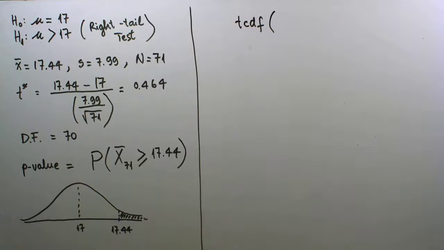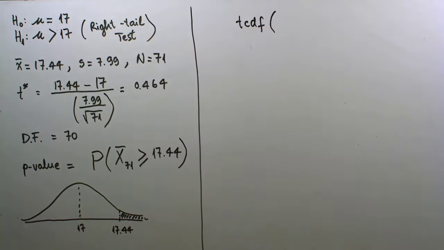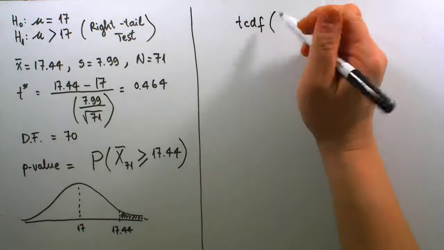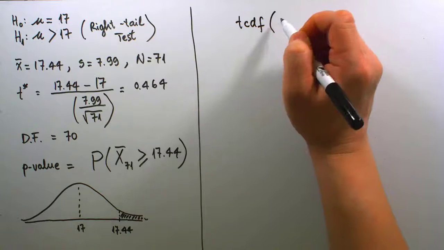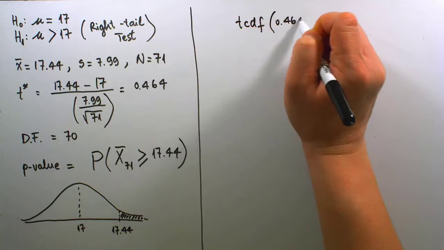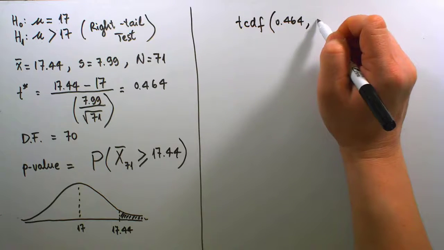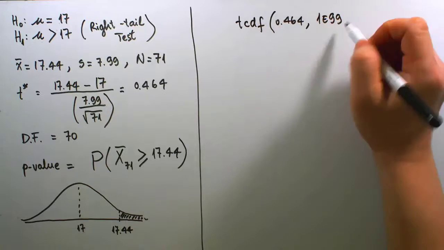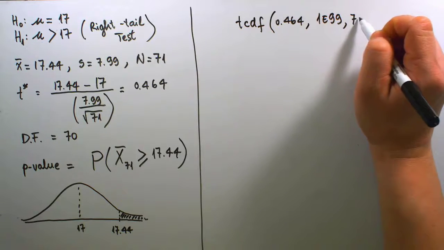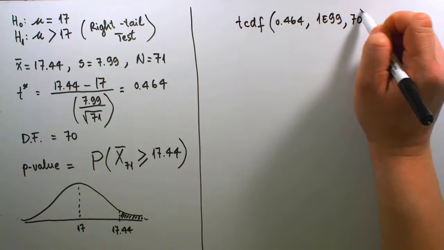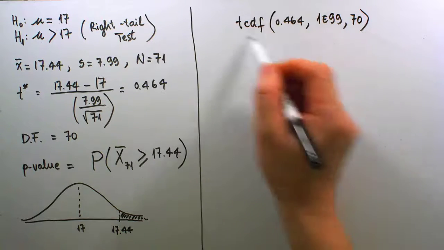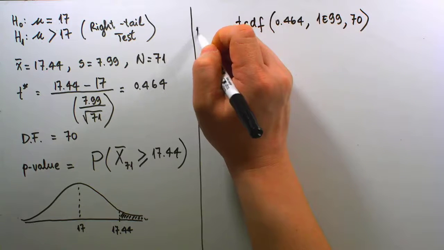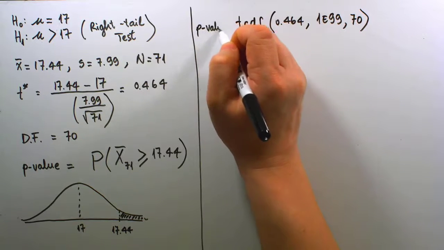And so again, on my writing board, generally speaking, the tcdf command will take the lower value first, the lower end of the t interval. So 0.464 is what we gave it. And for the upper end, we have to leave 1E99 as it was an indefinite upper end. And we were working with degrees of freedom 70. And the result that came out from this tcdf command is our p-value.